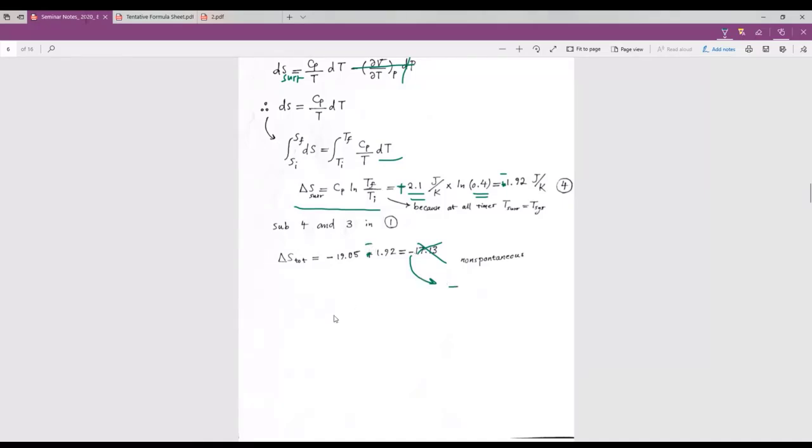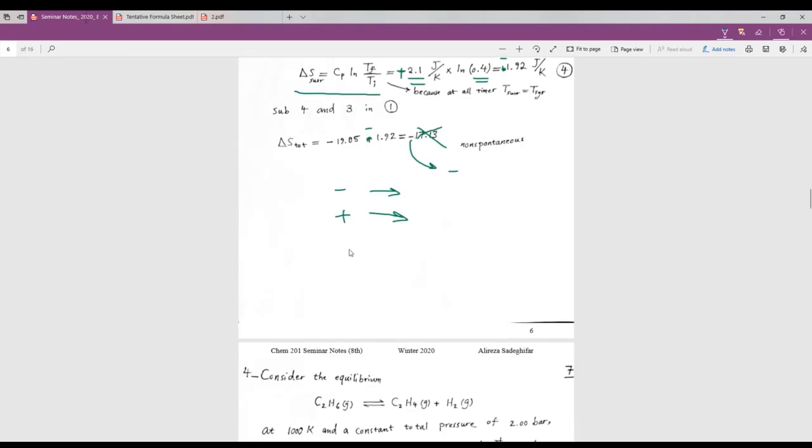You already know that if delta S total is negative, then it is non-spontaneous. If it's positive, then the process is spontaneous. If delta S total is 0, then what we call is, in fact, it is reversible, but it is non-spontaneous.